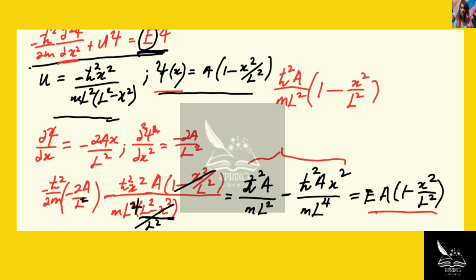We have this 1 minus x square over L square term, and we have this constant A term, the normalization constant, and therefore we can infer that our energy would be just h bar square over m L square.